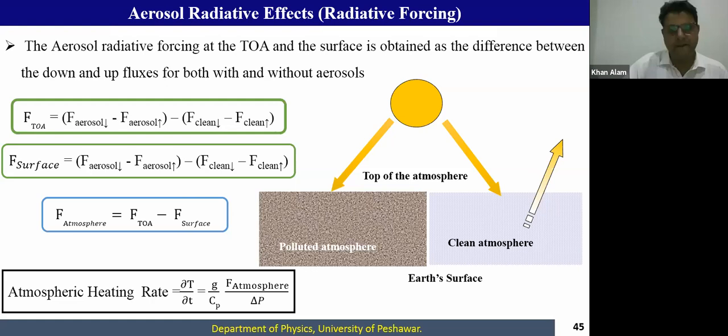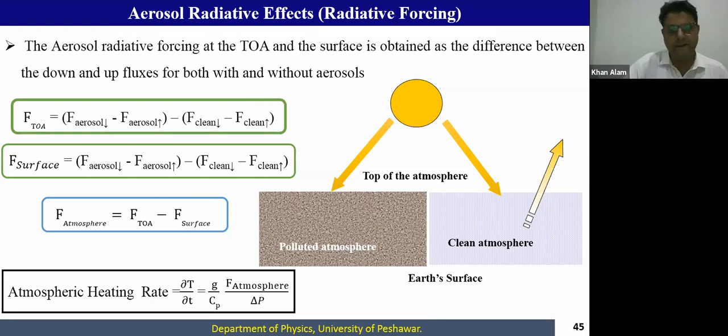So you need to calculate the down and up fluxes in the clean environment, and you need to calculate the down and upward fluxes of the solar radiation in the polluted environment. And then you can use a model, which in the next slide I will show you, to calculate these fluxes.